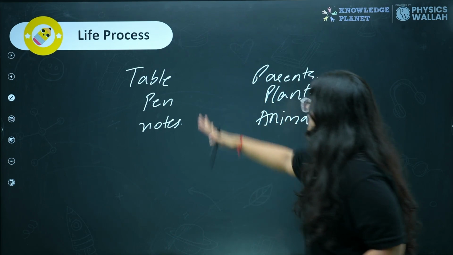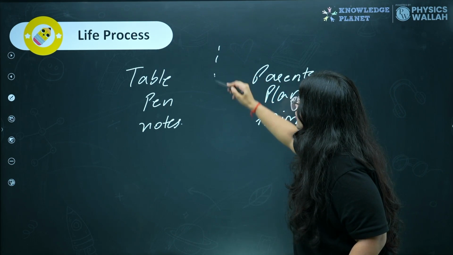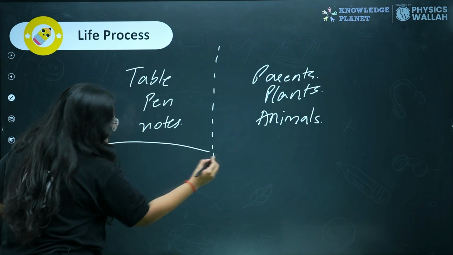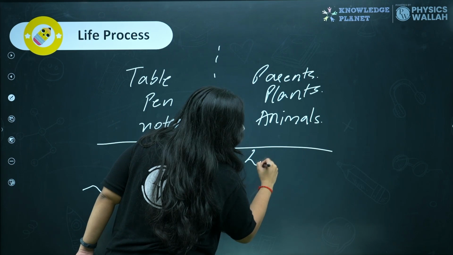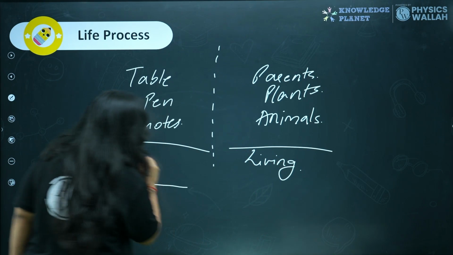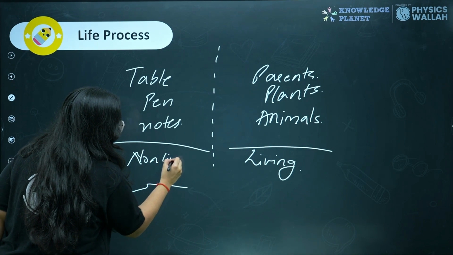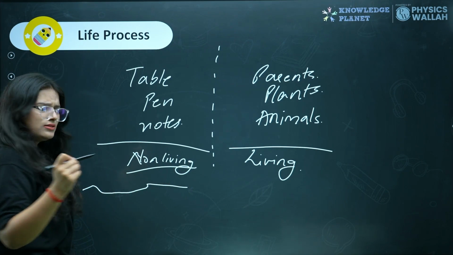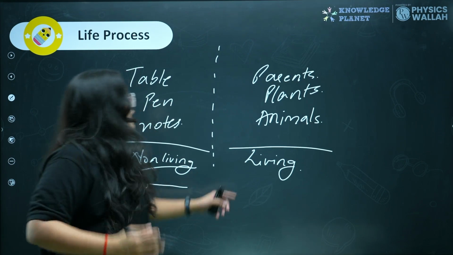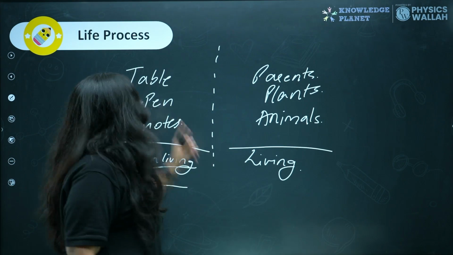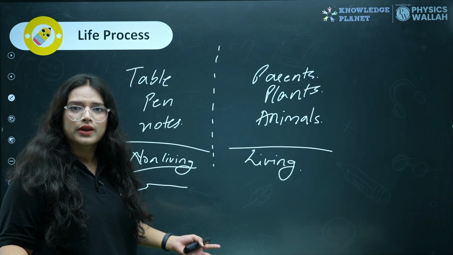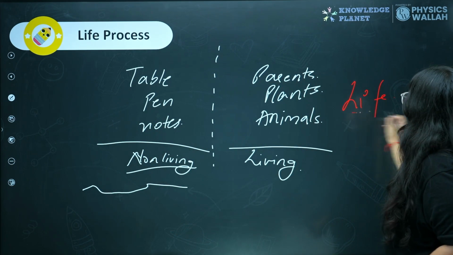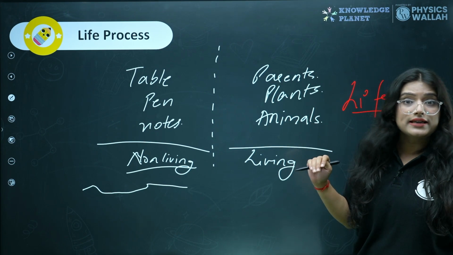Now, what are these? When we look at them, we will categorize them into living and non-living things, okay? But how do we categorize them as living and non-living? What do we know as the criteria that parents are living and table is non-living? Because they are sustaining life, okay? Now, how do we know that they are sustaining life?